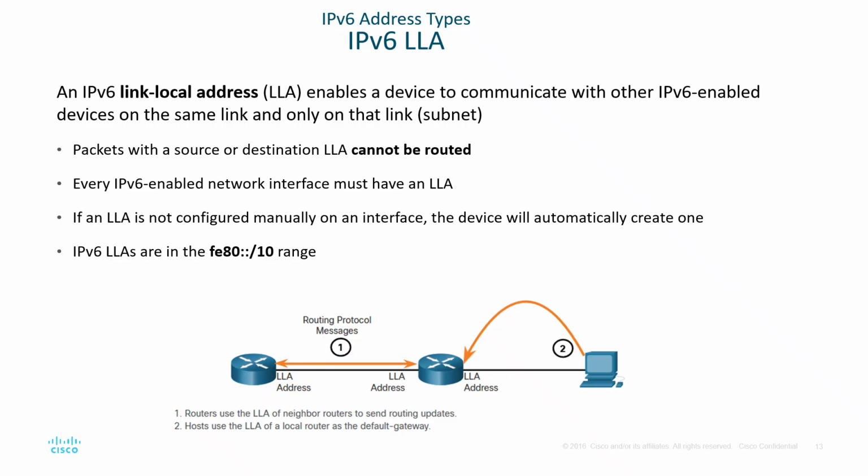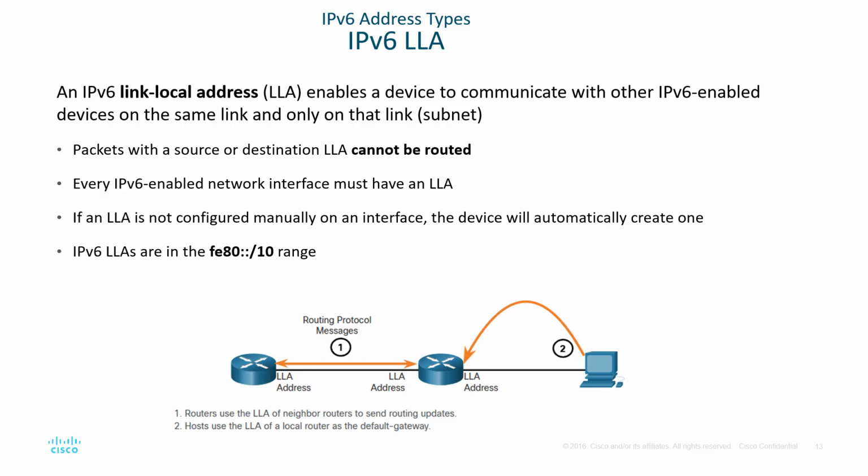Now, an IPv6 link local address enables a device to communicate with other IPv6 enabled devices on the same link and only on that link or subnet. Packets with a source or destination LLA cannot be routed. Every IPv6 enabled network interface must have an LLA. If an LLA is not configured manually on an interface by us, the administrators, then the device will automatically create one.